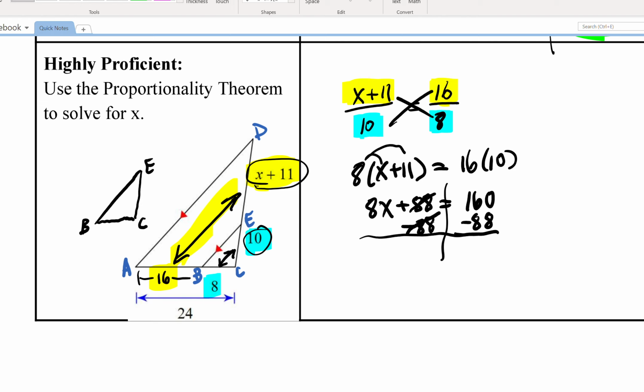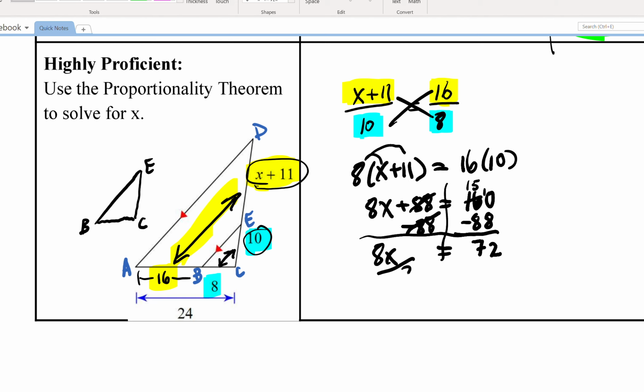That would eliminate that 88, and then 8x is equal to, now I can't take 8 from 0, so I'm going to borrow from that 16, make that 15, and 10 minus 8 is 2, and 15 minus 8 would be 7. So 72.